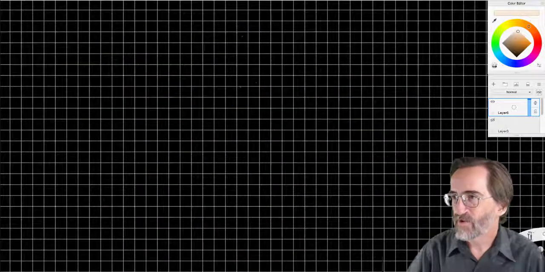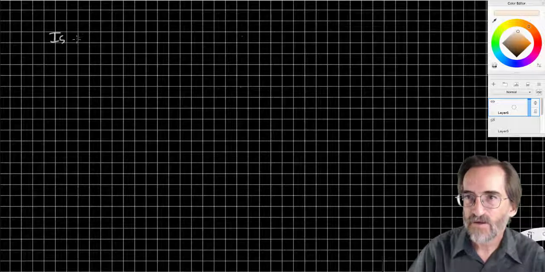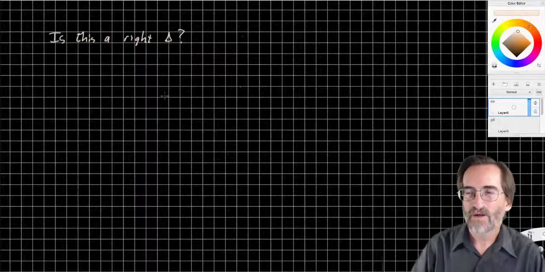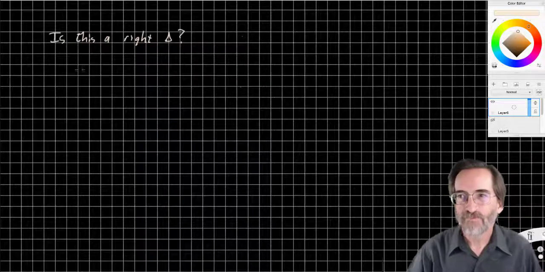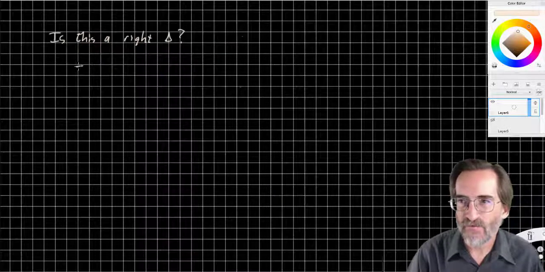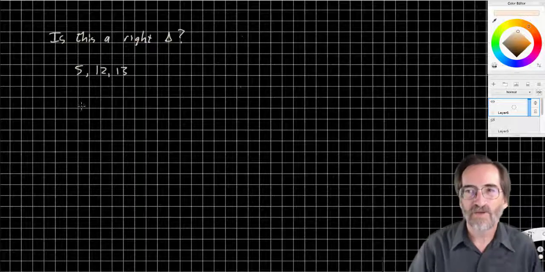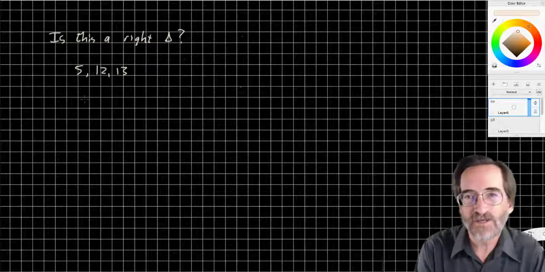You'll be asked, is this a right triangle? Okay, is this a right triangle? And let's check it out here. Let's say 5, 12, and 13. If we have a triangle with those sides, is it a right triangle?